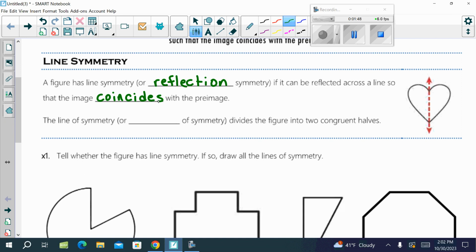The line of symmetry, or we also call it the axis of symmetry, divides the figure into two congruent halves. Okay? So a lot of the times this line of symmetry, just in case you see it, is abbreviated by LOS, line of symmetry.